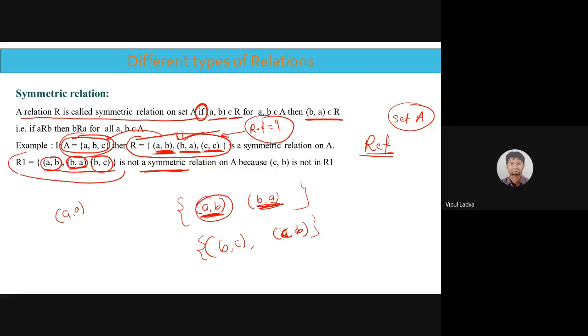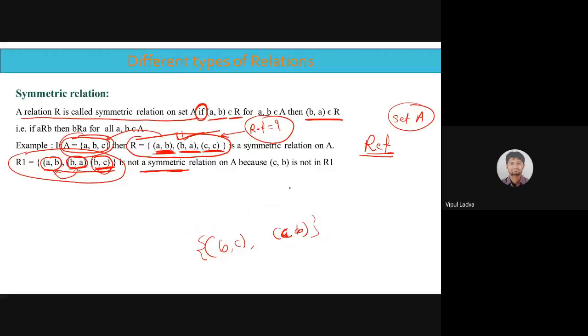Now think about the second relation R2. A comma B is there, B comma A is there. So इन दोनों का opposite है. But here B is in relation with C, but C is not in relation with B क्योंकि C comma B इसमें नहीं है. If I add C comma B over there in R1, अगर मैं R1 को इस तरीके से, so let me define one more relation R2.